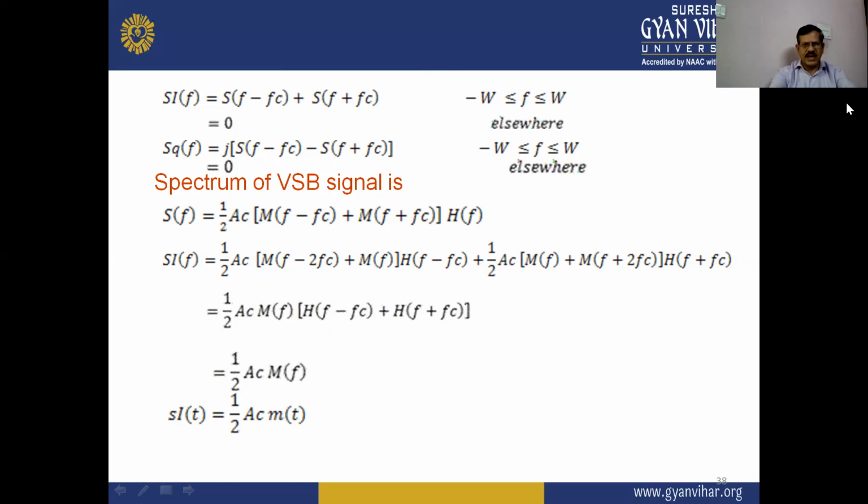So the spectrum of the VSB signal is S(f) equal to 1 upon 2 A_c [M(f minus f_c) plus M(f plus f_c)] H(f), and also S_I(f) equal to 1 upon 2 A_c [M(f minus 2 f_c) plus M(f)] H(f minus f_c) plus 1 upon 2 A_c [M(f) plus M(f plus 2 f_c)] H(f plus f_c). Simplified, S_I(f) will be 1 upon 2 A_c M(f), and s_I(t) will be 1 upon 2 A_c m(t).